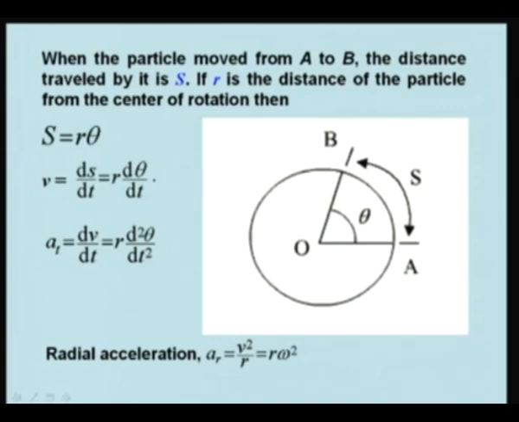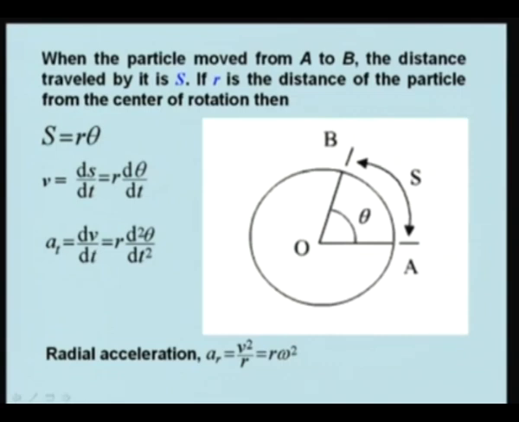We can find out the tangential acceleration. Tangential acceleration will be dv by dt, which is nothing but r d square theta by dt square. D square theta by dt square is equal to alpha, that is angular acceleration. Therefore, at is equal to r times alpha.